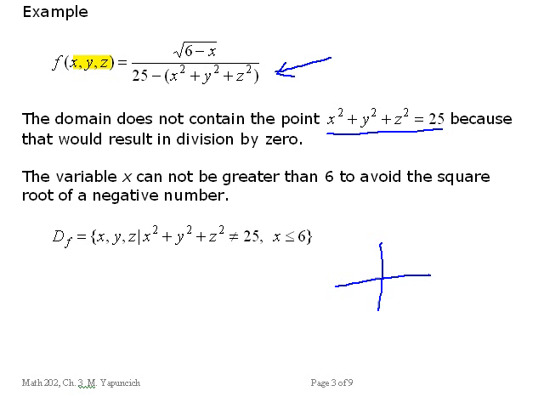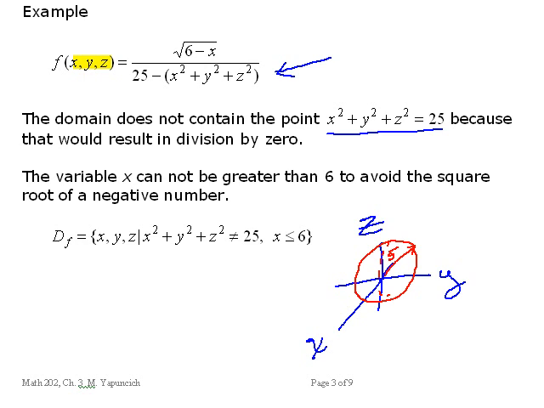Here's my three-dimensional space, x, y, z. x squared plus y squared plus z squared equals 25 is a sphere of radius 5. Of course, I'm only drawing two dimensions of it, but it does have all three dimensions.